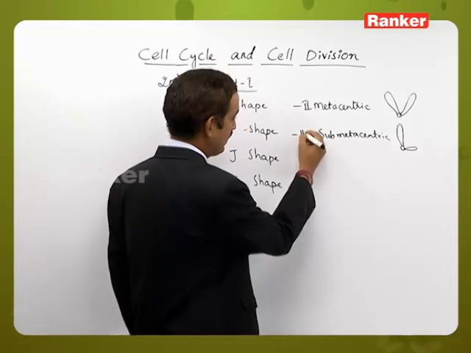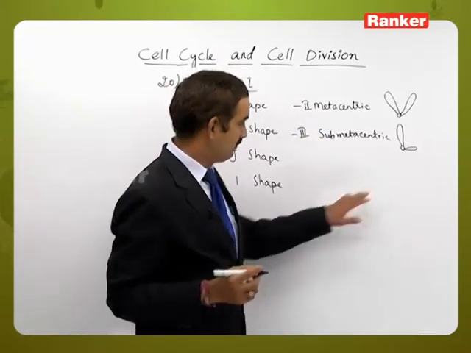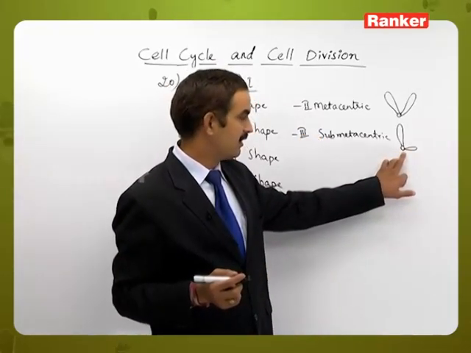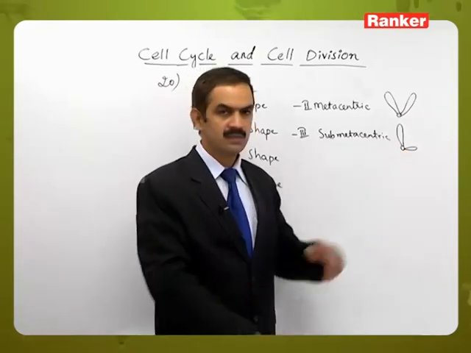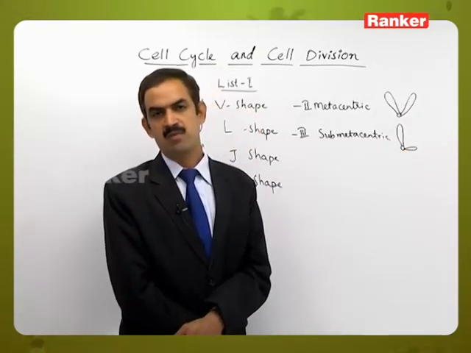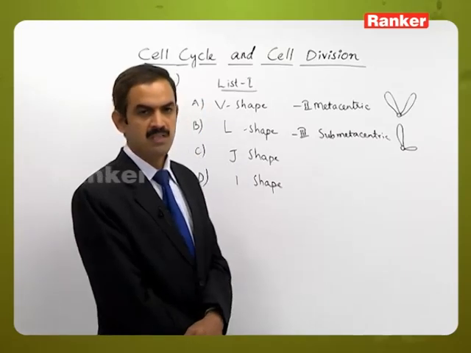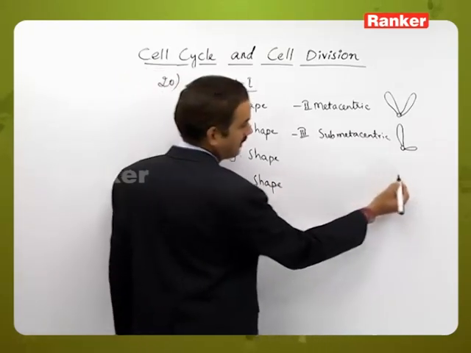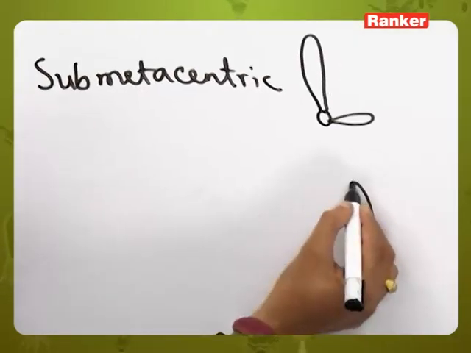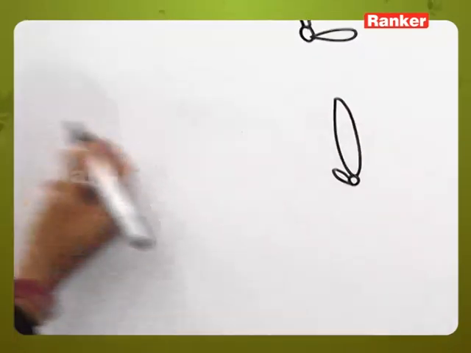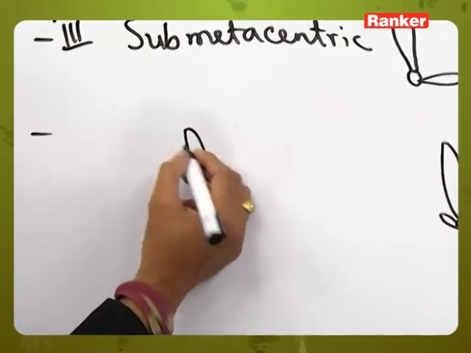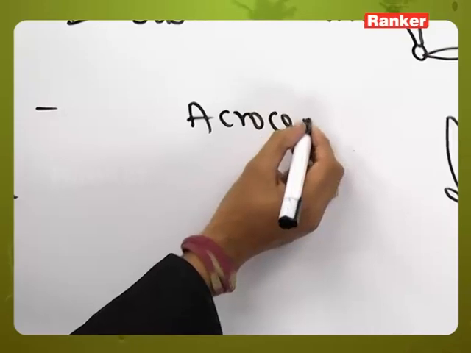That is the third option here, where the centromere is near to the center and one arm will be long and one arm will be short. Whereas J shape, where one arm is very long and one arm is very short, can be seen in the acrocentric chromosomes.